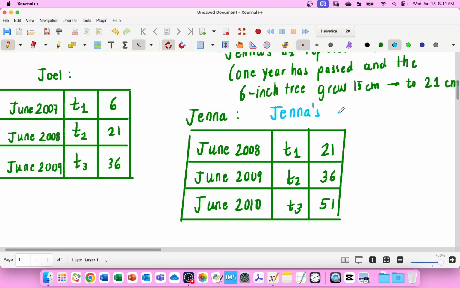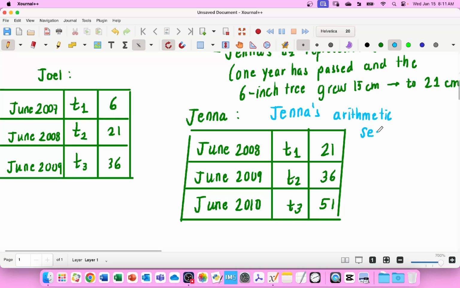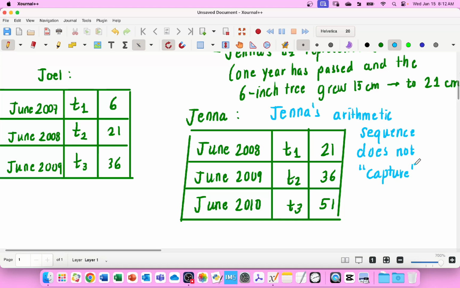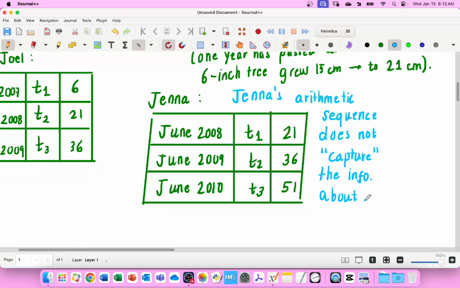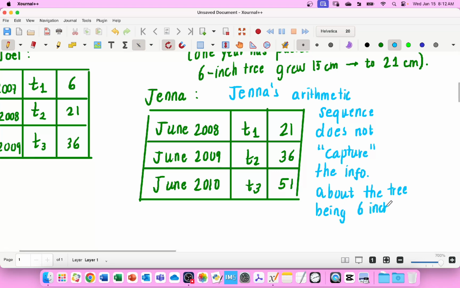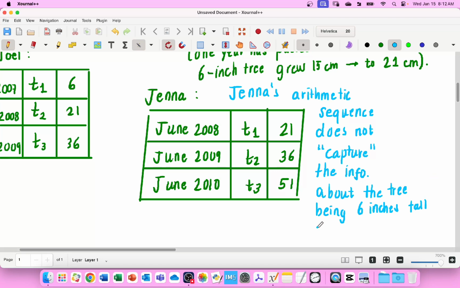Jenna's arithmetic sequence does not capture the info about the tree being 6 inches tall when it was planted.